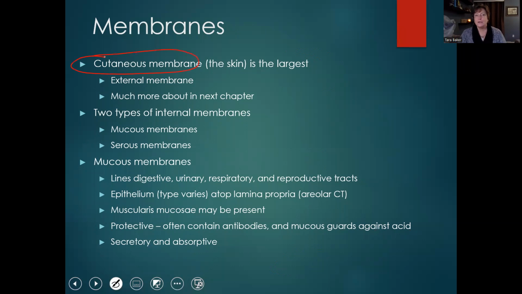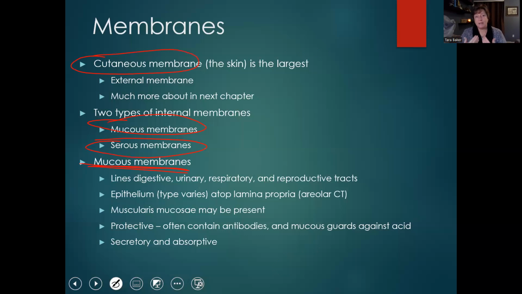Then you have two internal membranes that you're going to bump into, mucous membranes and serous membranes. So mucous membranes line your digestive tract, your urinary tract, your respiratory tract, and your reproductive tract. Think about anywhere where you have mucus. I think a lot of us think of mucus as something that you cough up and spit out. That's kind of gross.